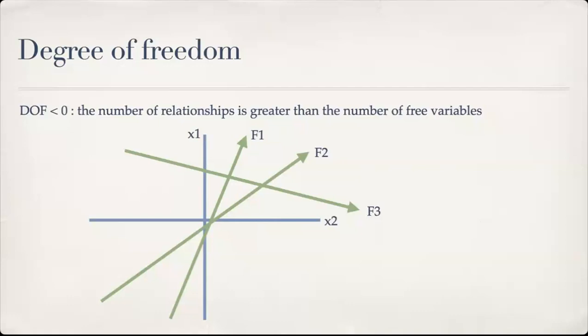What about this case? I give you another relationship, for example, f3. So the degree of freedom becomes negative now, because we have two variables but three relationships. 2 minus 3 must be negative. So the degree of freedom is -1.